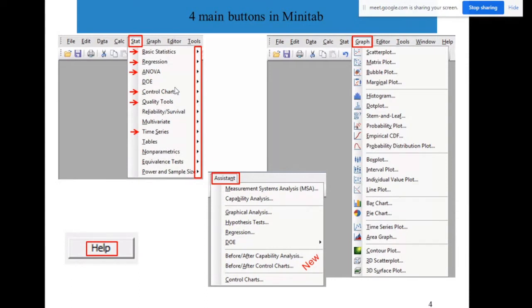In today's session, we will discuss ANOVA and regression in the first half, and then we will go for DOE in the second half. That is what is decided. Also for the graphs, we have various options. These are the graphical tools.